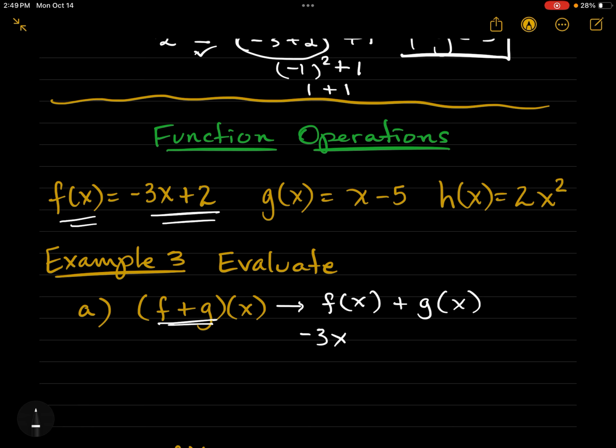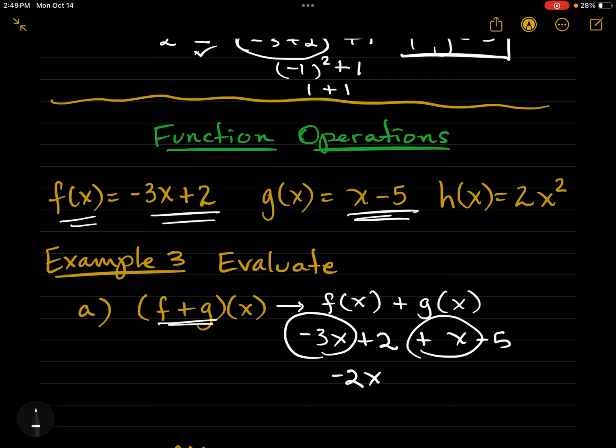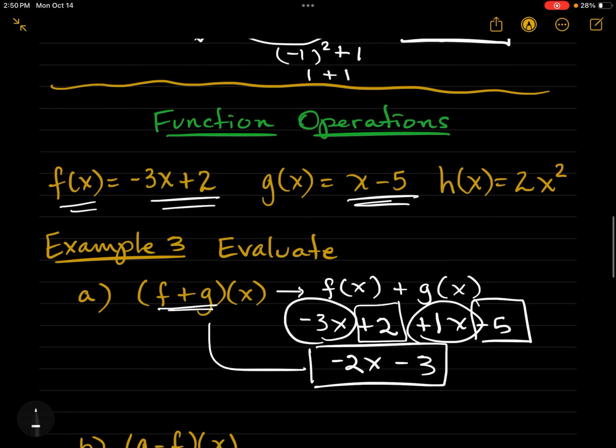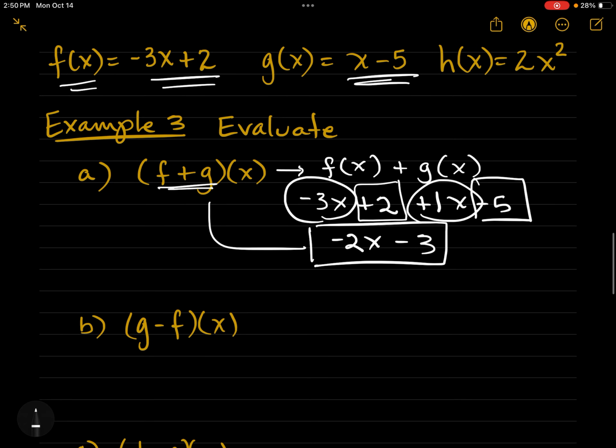F of x equals this, and g of x equals this. Now combine like terms. That's negative 2x when I combine them. Remember that coefficient is a 1. And now when I add the constant terms, that's negative 3. So that's my final answer right there. I'm just combining like terms. If there were fractions, I would reduce them. And that's all.